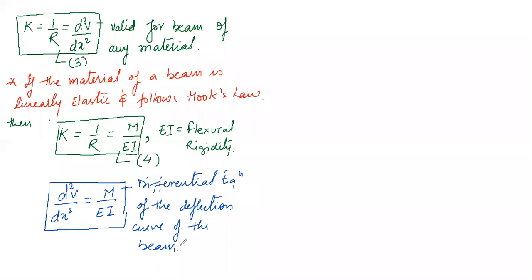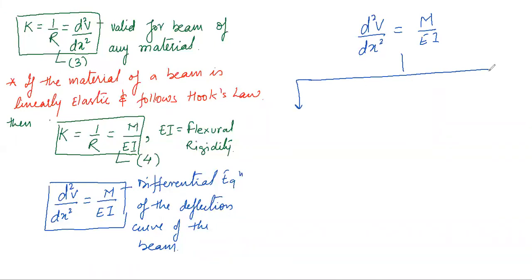Now class, remember one important thing: this equation, d squared v upon dx squared is equal to M upon EI, is segregated in two parts. How has this equation been segregated in two parts? Let's understand.